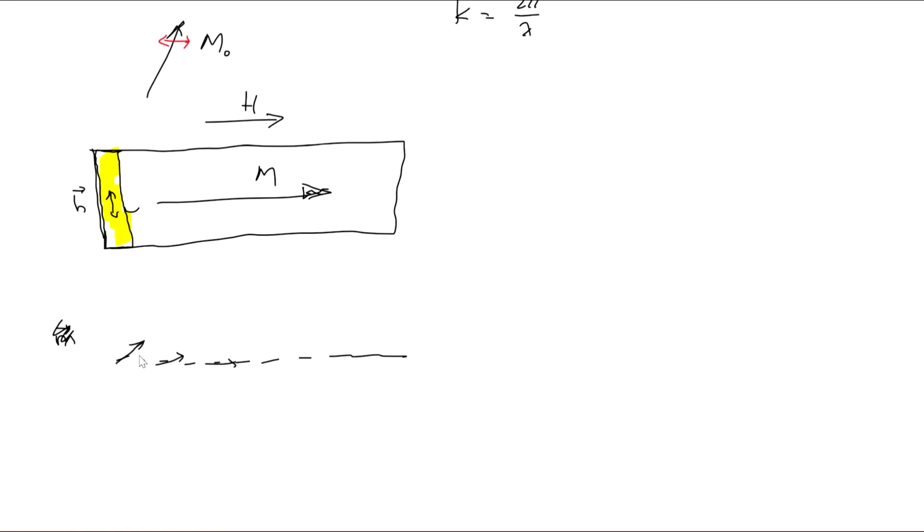Then after some time, this magnetic moment here wiggles up and down, and that transfers to the magnetic moments on the right. And at the end of the day, we'll have magnetic moments pointing in different directions.